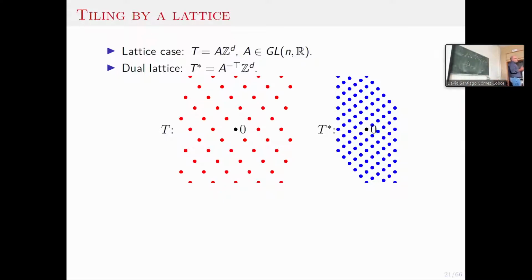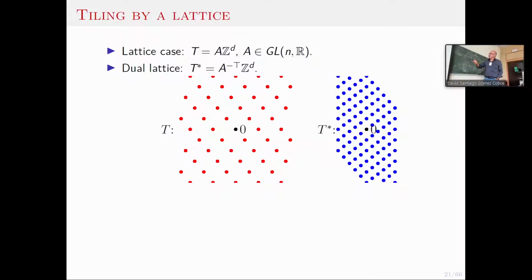In other words, it's a discrete subgroup of R^d which linearly spans all of R^d. You want to have d linearly independent vectors in it. And together with the lattice T, we usually look at the so-called dual lattice, which is: take the same matrix, invert it, transpose it, and multiply by Z^d.